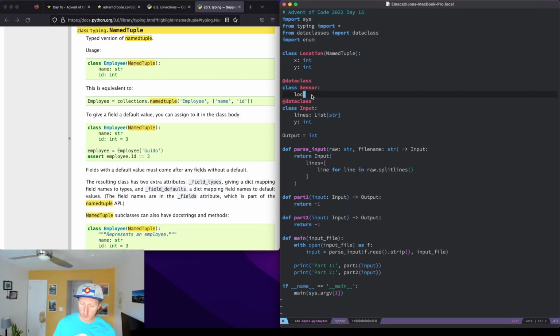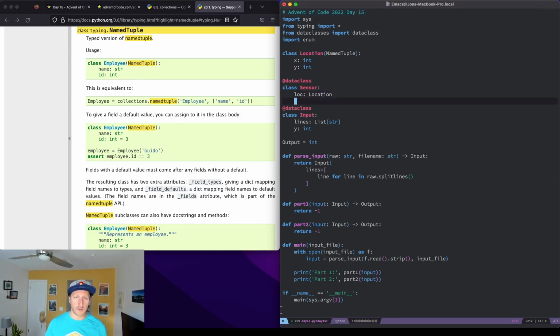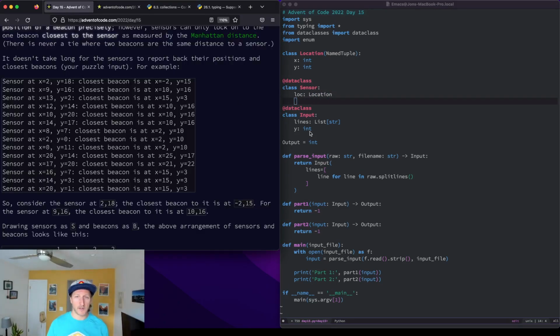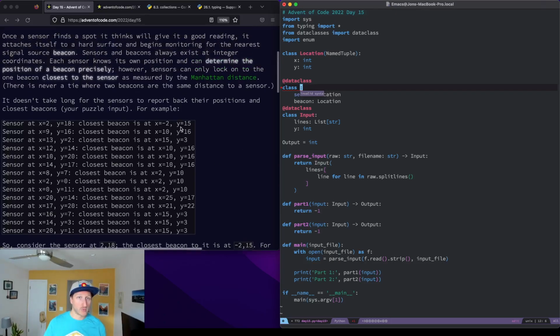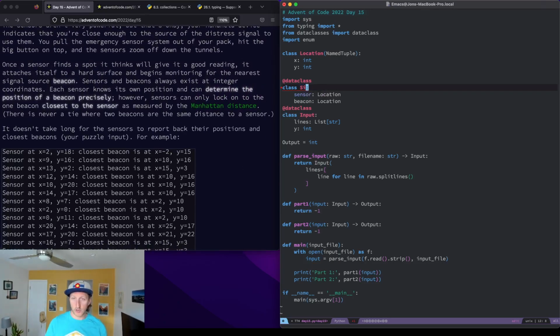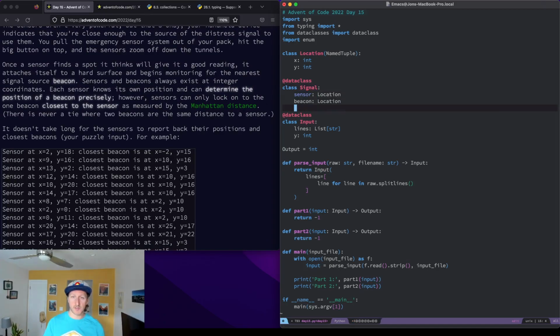And then we do location for the sensor, and the beacon has a beacon location. We'll just call this a signal because we're coming back with a sensor location and a beacon location.